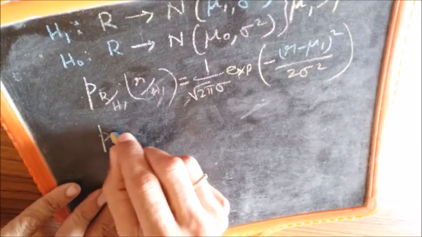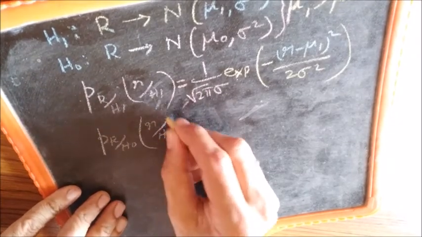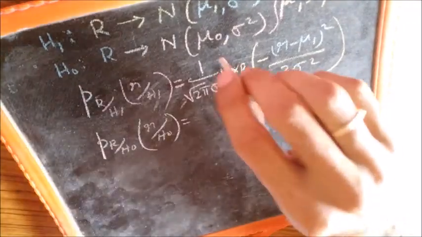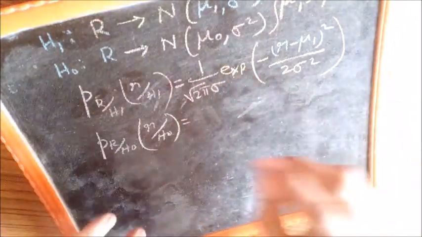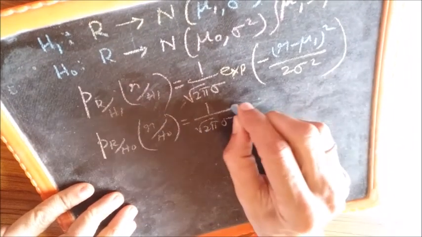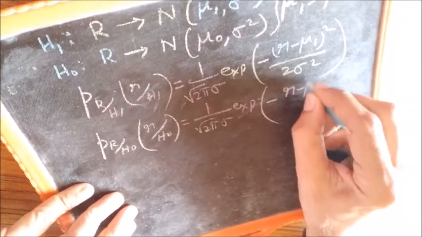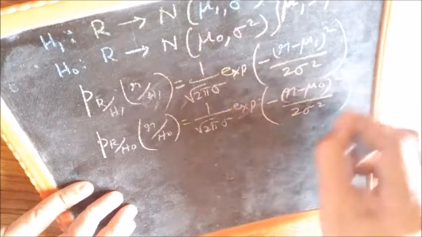Similarly, we can write the conditional density function when H0 is the true hypothesis. It is again Gaussian distributed with mean mu0 and variance sigma square. So 1 by root of 2 pi sigma e power minus of r minus mu0 whole square by 2 sigma square.